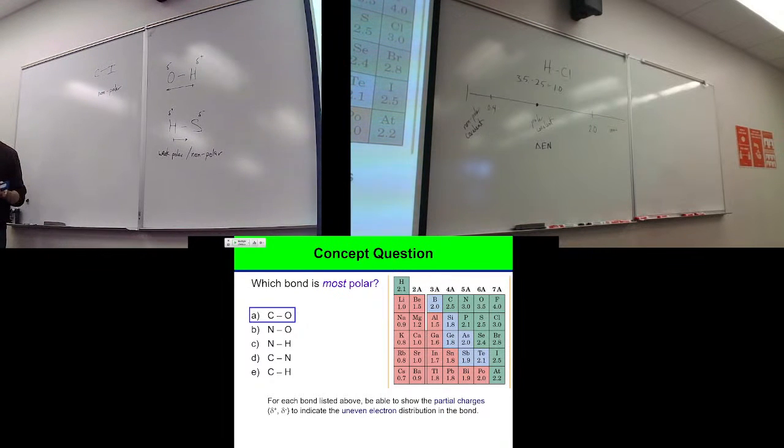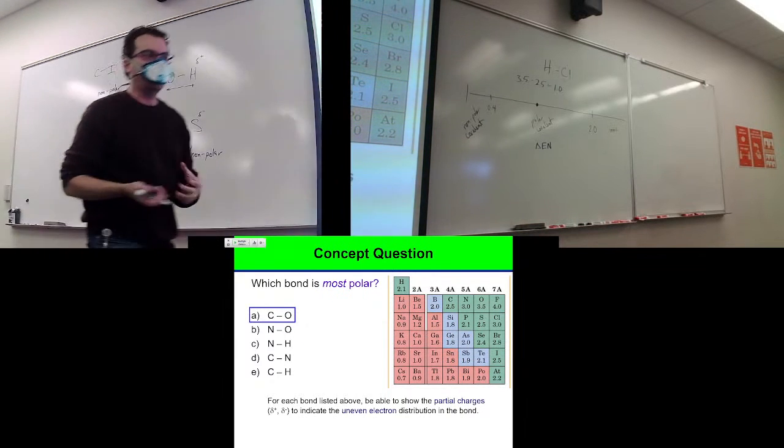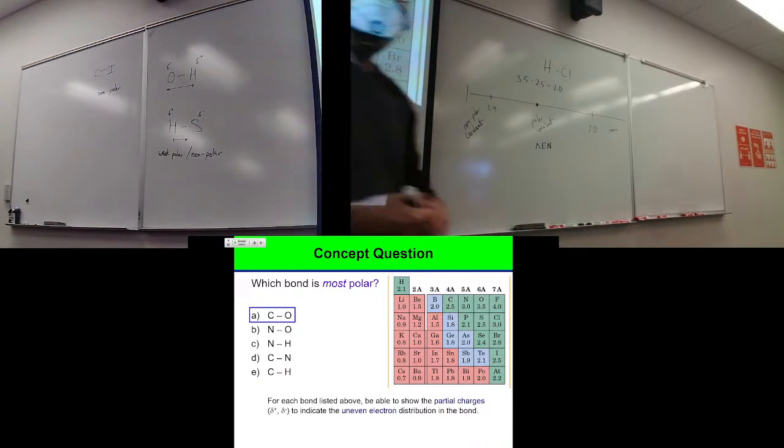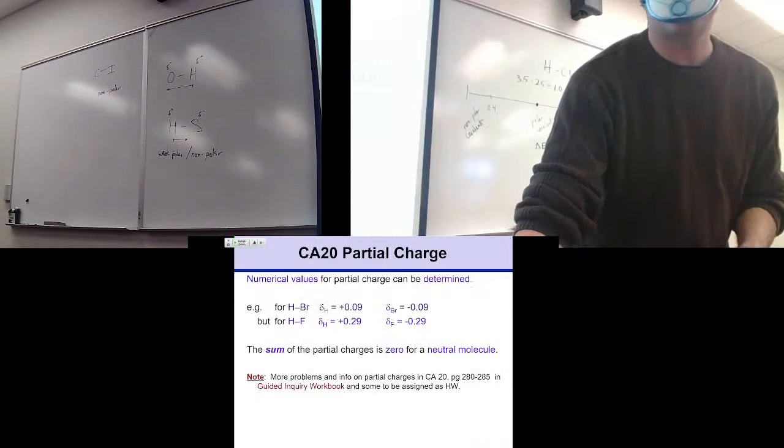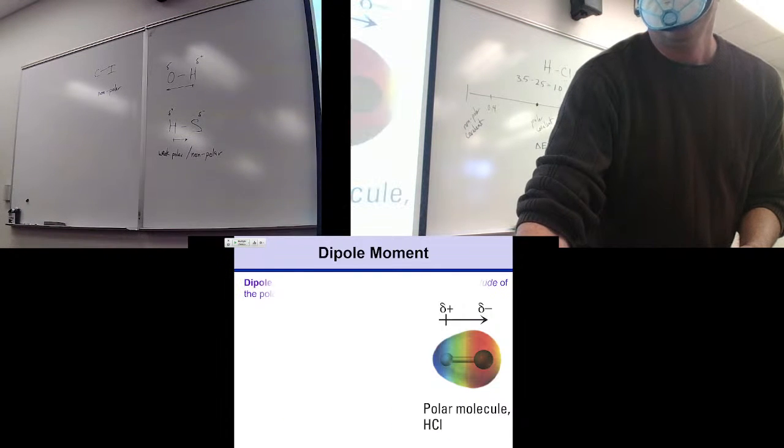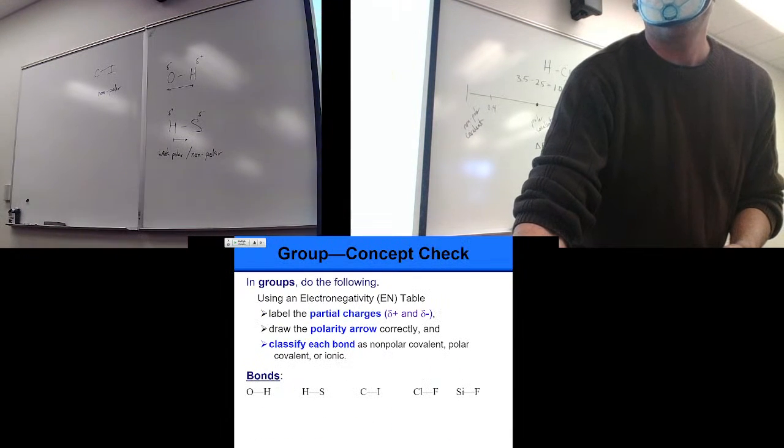There are no partial charges. It's a completely even bond because they have exactly the same electronegativity. So that's what you'll have to do. Now this seems pretty boring, maybe? There's a reason we have to look at the bonds first.